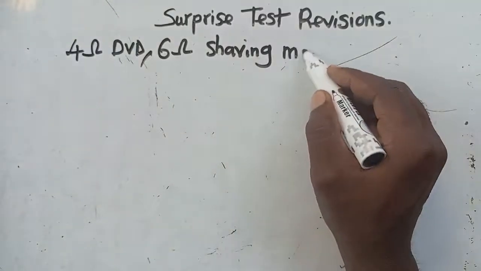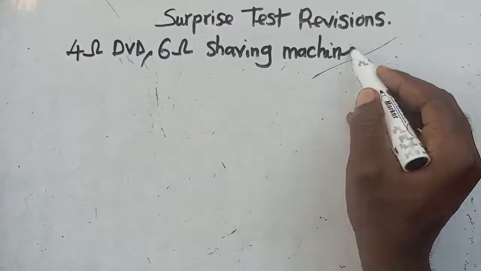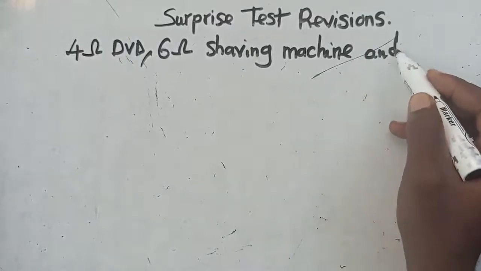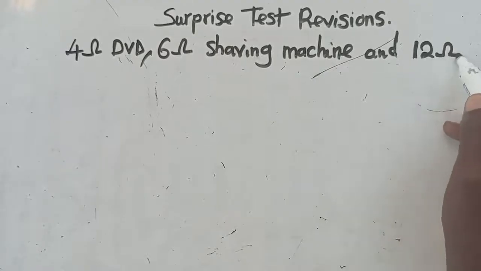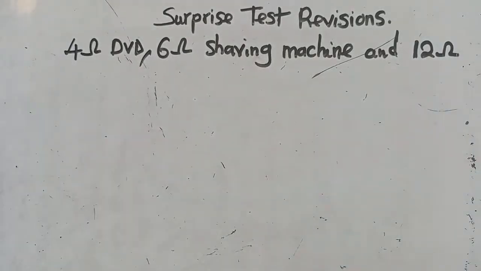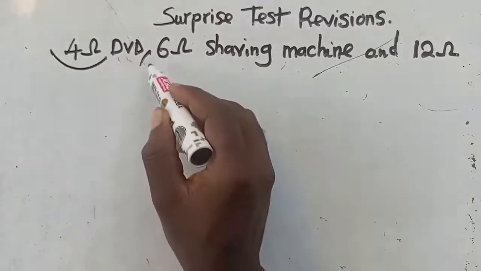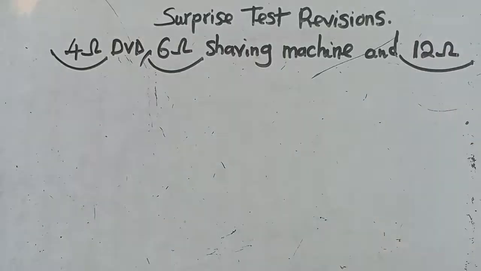And we are also given a 12-ohm radio caster, which are connected in parallel across the 24 volts supply. That is the question. So you are given resistor 1, resistor 2, resistor 3, and we are told that these resistors are connected in parallel.